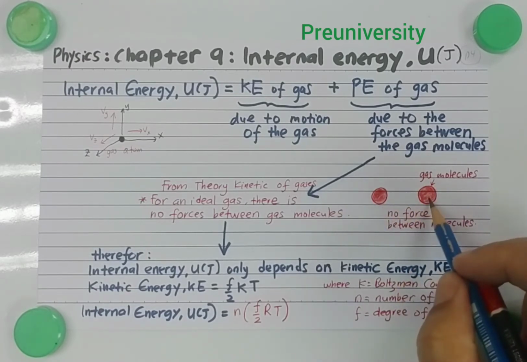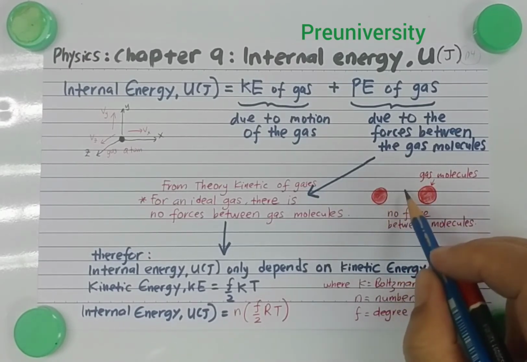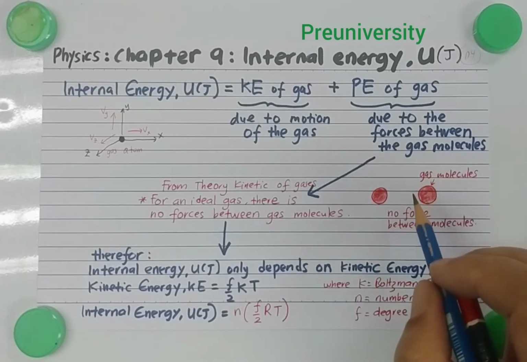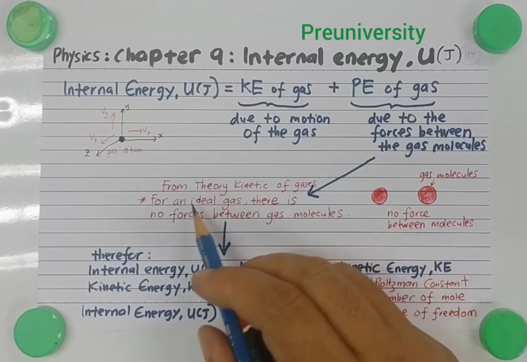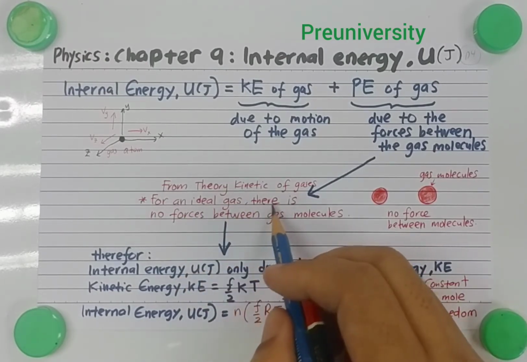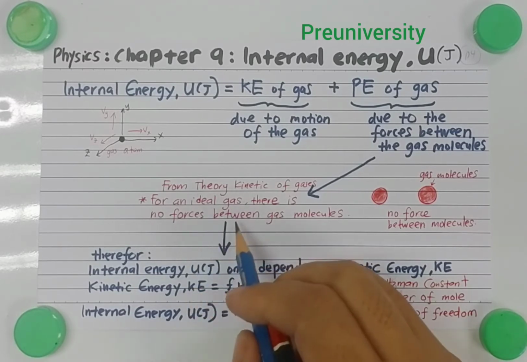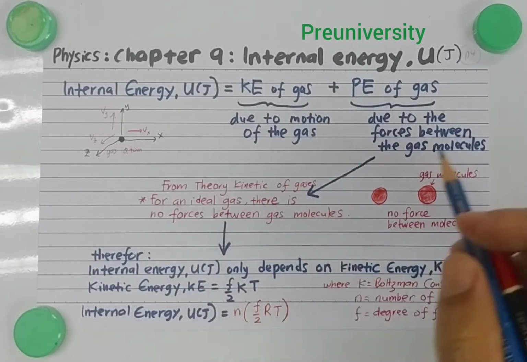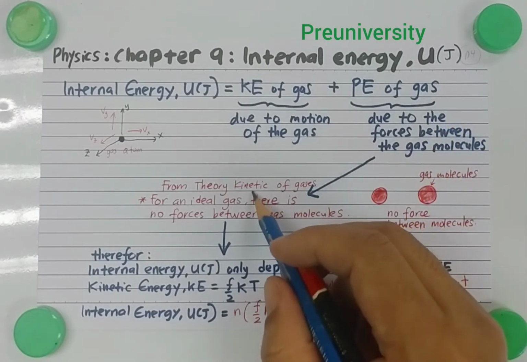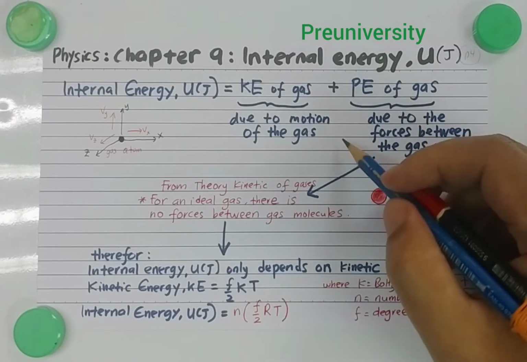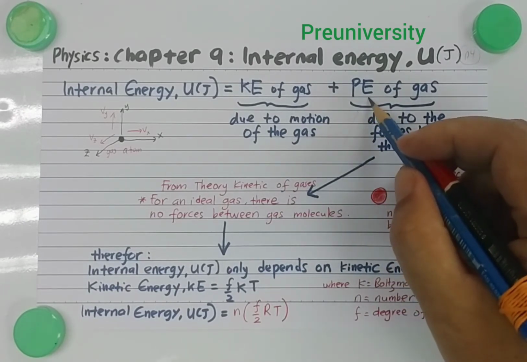From the kinetic theory of gases, for an ideal gas, there is no force between the gas molecules, so the force between the molecules is negligible. So we don't take care of it here. That's why, from this theory, the potential energy is equal to 0. We neglect this potential energy.